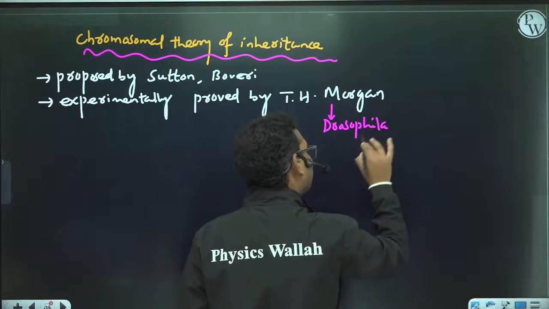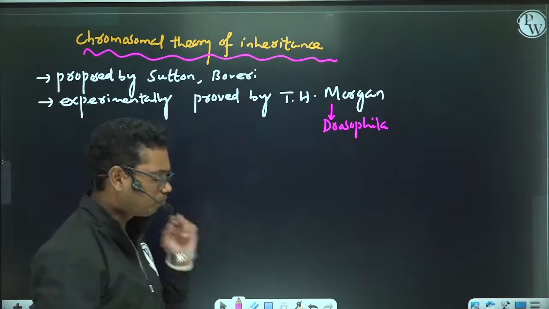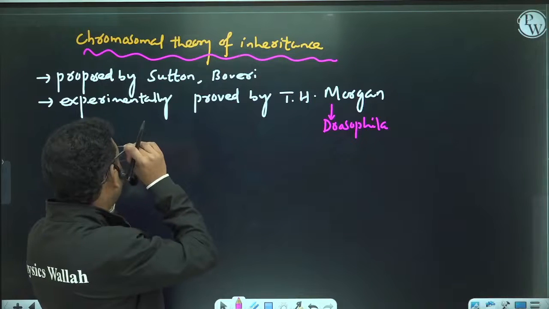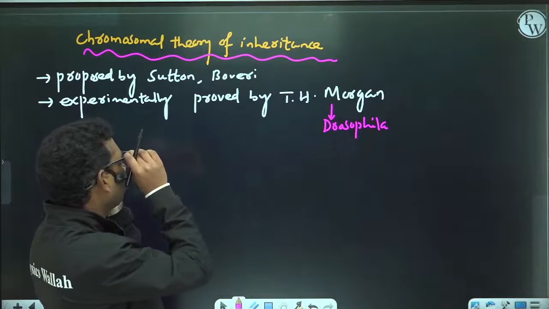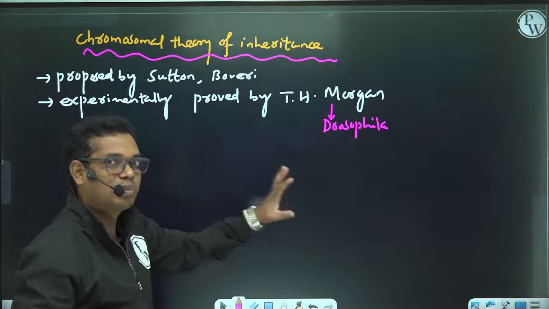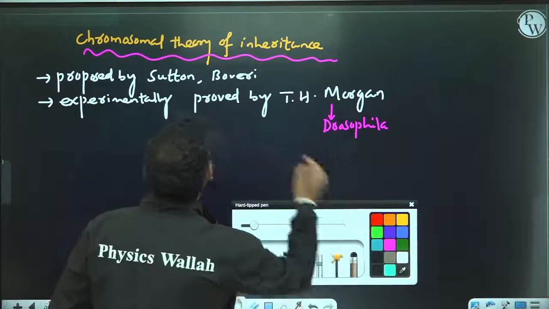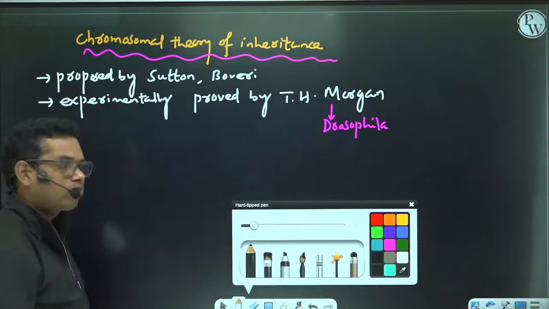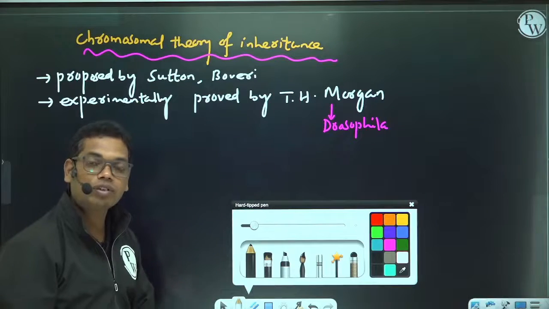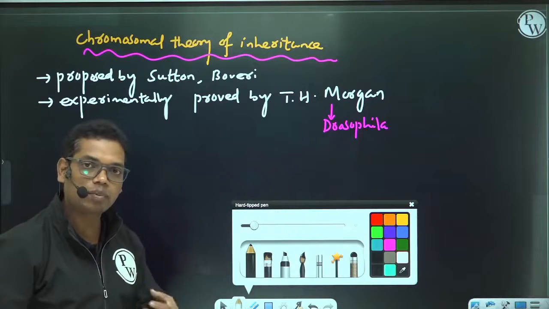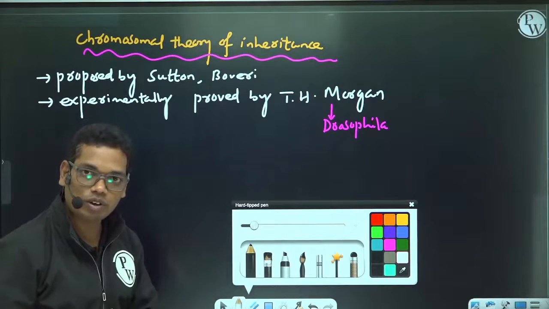For linkage, he experimented on Drosophila, and for the chromosomal theory of inheritance also he experimented on Drosophila. And these two scientists, Sutton and Boveri, compared the behavior of chromosomes and genes, which are nothing but the factors, during gametogenesis.